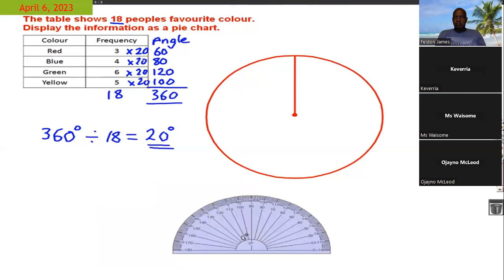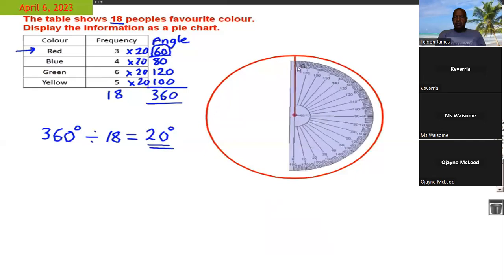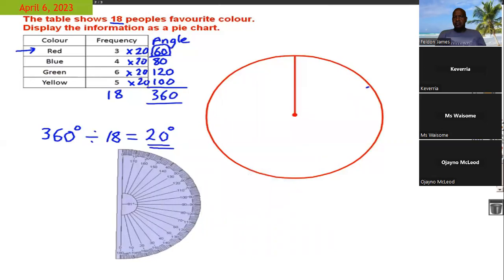So we're going to draw the first section of red, and we know we need to draw an angle. Degrees. So the way we do that, we get our protractor. We put the middle bit inside, and we turn it so that the zero on the outside of the protractor. We this section.